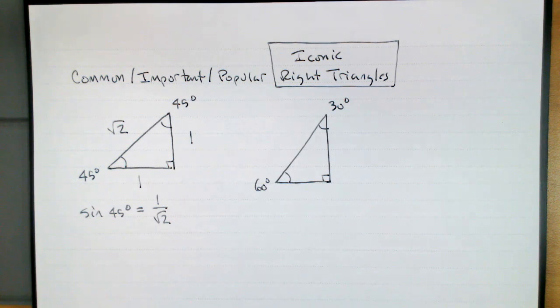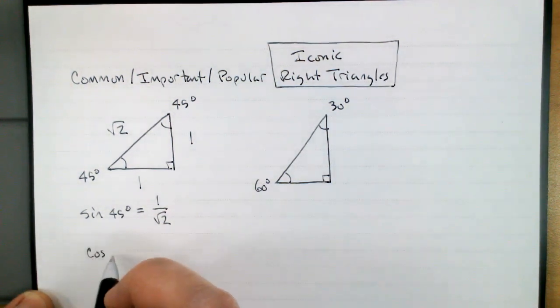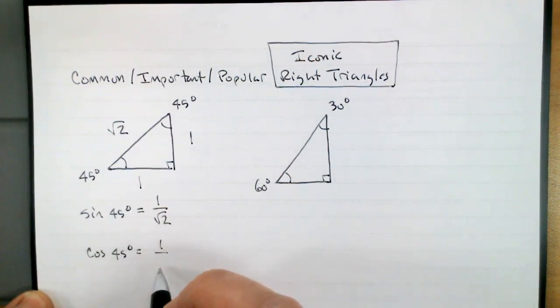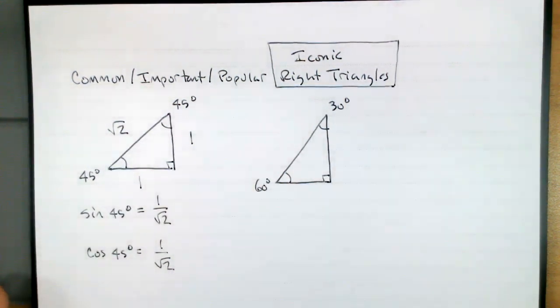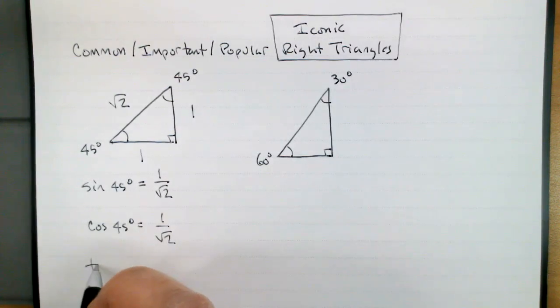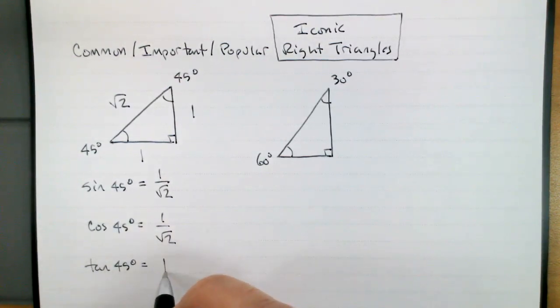Because opposite and adjacent are the same, cosine of 45 degrees is equal to sine of 45 degrees. Cosine of 45 degrees is adjacent over hypotenuse. And tangent of 45 degrees is opposite over adjacent, or just 1.